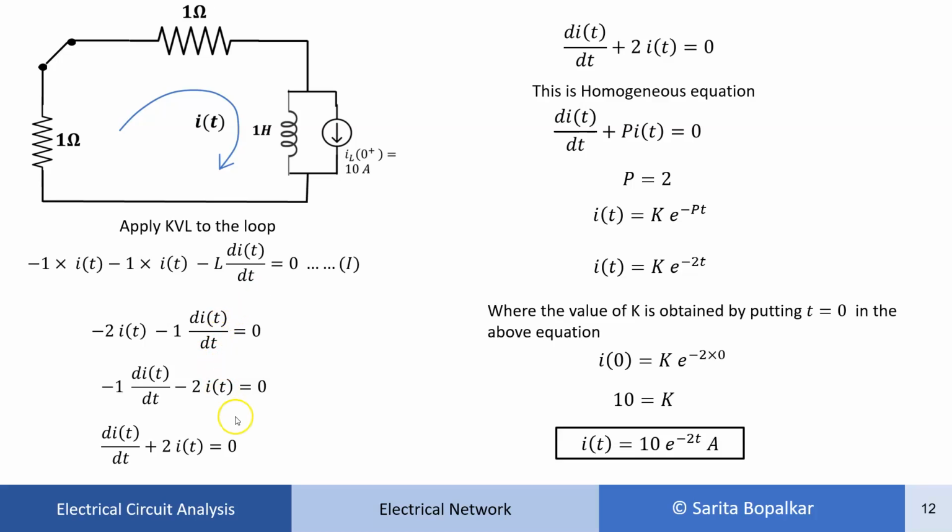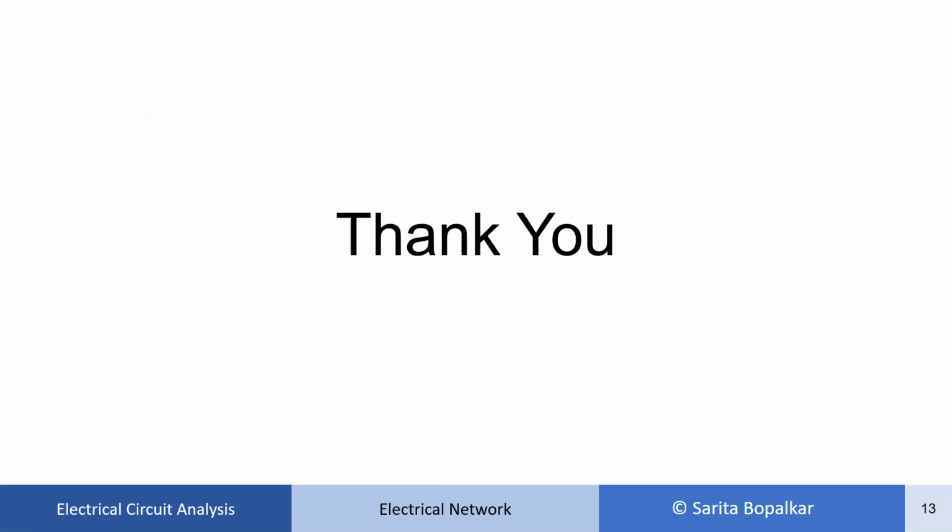We are solving this differential equation and checking whether it is homogeneous or non-homogeneous. Depending upon that, we find its solution and we get this solution for i(t), the current that flows through the network for t greater than 0. Like this, you can easily solve this type of example. Practice it. Thank you.